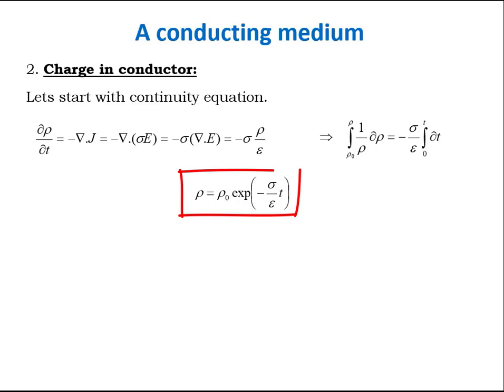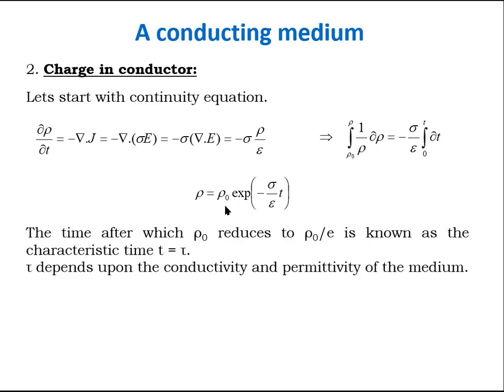To get this solution, this equation indicates that as time passes, the charge on the conductor decreases exponentially. Here, rho naught is the value of charge density on the conductor when time starts, or at t equal to 0. The time after which rho naught reduces to 1 by e times rho naught is known as the characteristic time, t equal to tau.